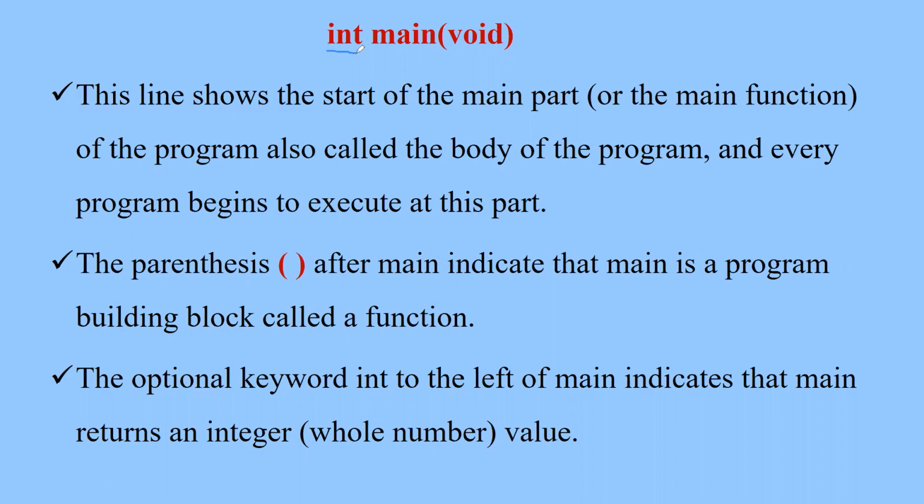However, this int is optional because you can leave it out. It's not a must that you have int if the main function is not supposed to return anything. So you can even avoid it, but there's no harm in having it.